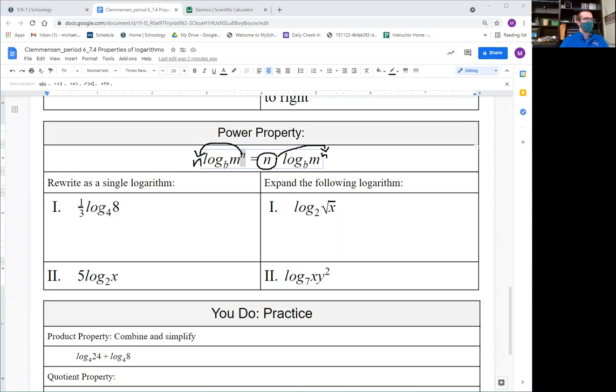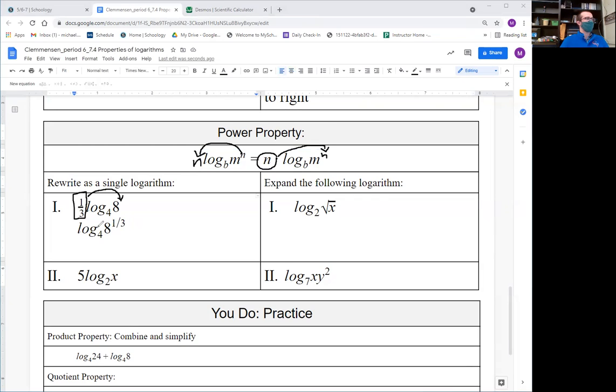Move it out front or move it up to the exponent, flip-flopping it. So like this one right here, I have a number out front right here. That's 1/3. So I'm going to move it up to being an exponent right here. So I get log base 4 of 8 to the 1/3 power. Now what's tricky about this is that you then have to do some simplification.